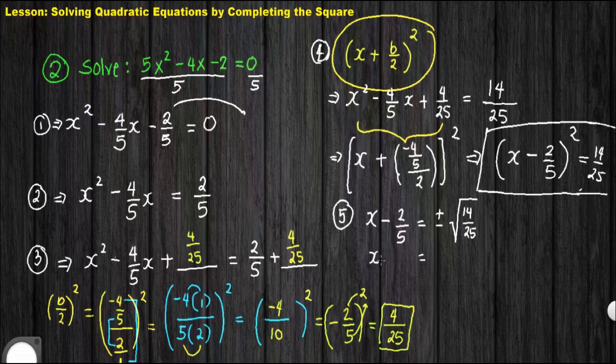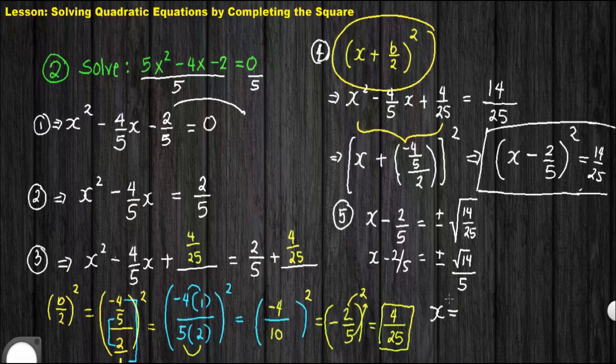X minus 2 over 5 equals plus or minus, on the other side, the square root of 14 divided by the square root of 25. That is 5 only. Now, that's the time I transpose 2 over 5 to the other side.